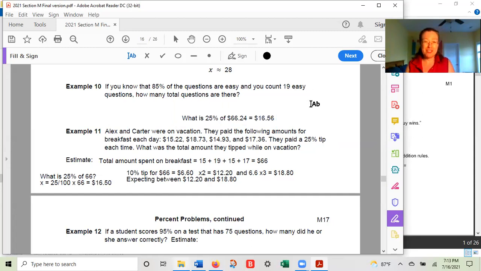So unless all the answer choices were right at 16.56 or 16.5, I wouldn't have to solve this problem all the way through. I can just approximate. And again, I think it works if I do like 20 and 15, you're still going to get pretty close to the answer that way.